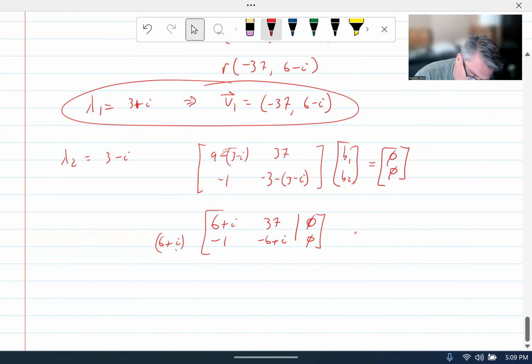So if I distribute that here and distribute that there, I'll get 6 plus i, 37, negative 6 plus i, and then let's distribute this out. This is negative 36, plus 6i minus 6i, plus i squared again, 0, 0.